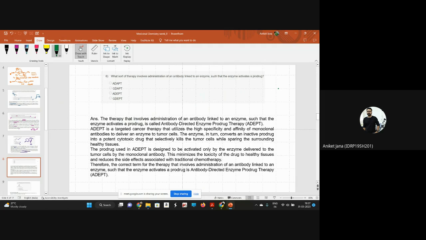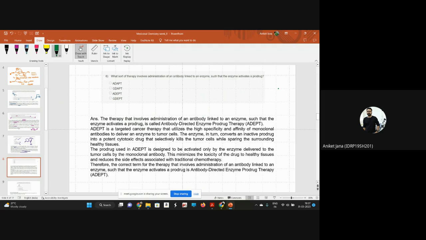An antibody linked to an enzyme such that the enzyme activates a prodrug is called antibody directed enzyme prodrug therapy. So that enzyme is coming to the prodrug and making this prodrug an active drug, and the enzyme which is activating the prodrug is linked to an antibody.